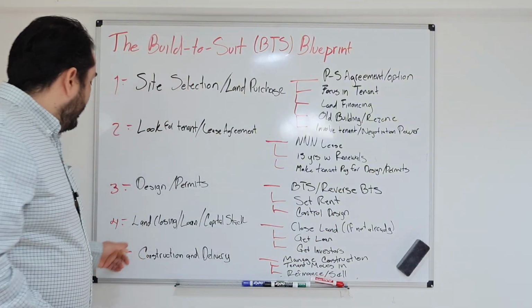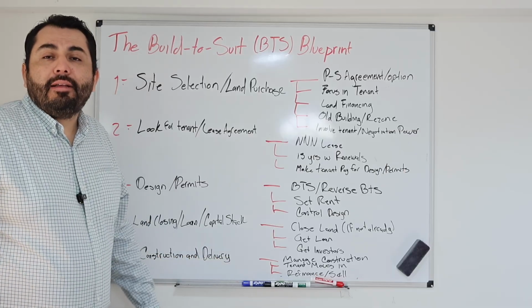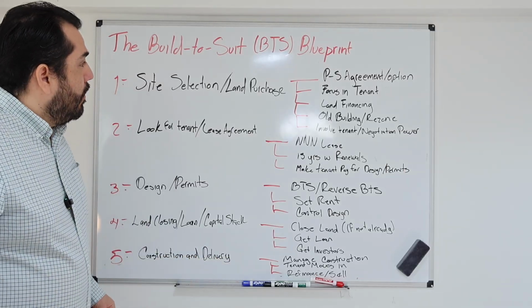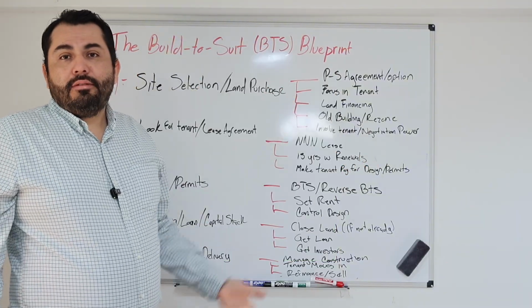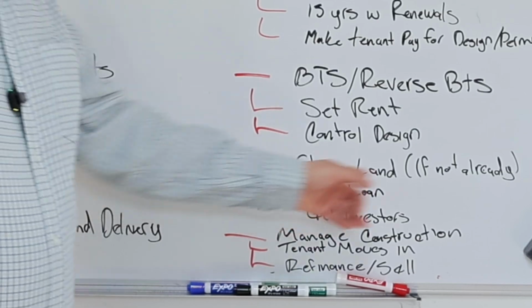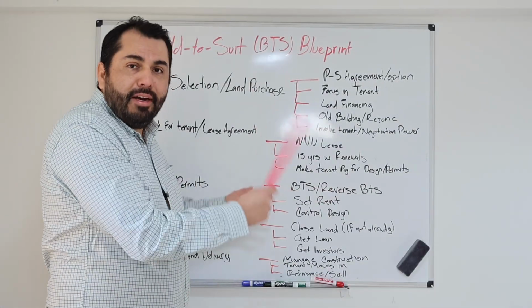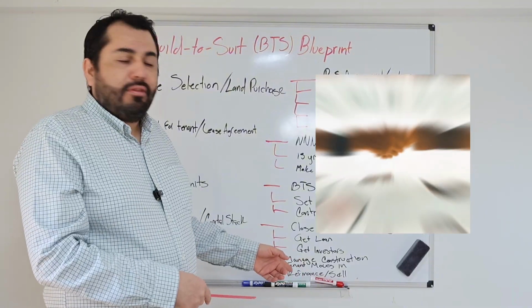The fourth thing is land closing, getting the loan, and capital stacks. Okay, so if you didn't purchase the land in cash, if you are not yet the owner of the land, then at this stage, once you have the permits and everything in place, it's safer to close on that deal.